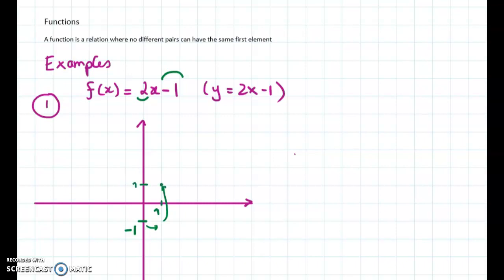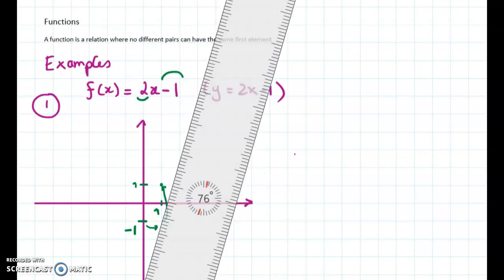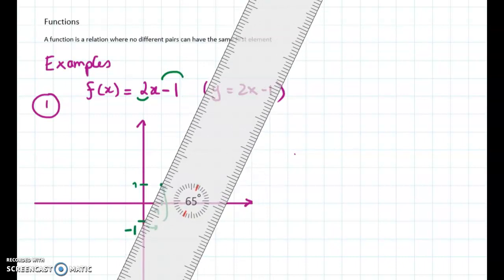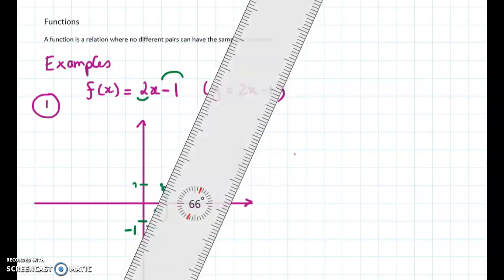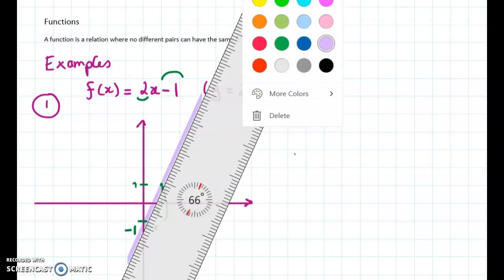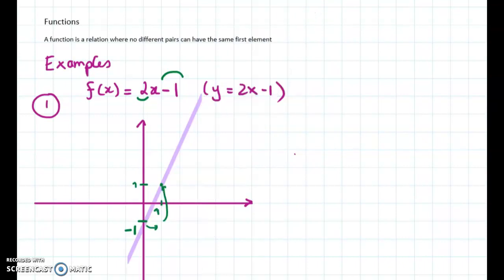So I need a ruler over here. I'm going to draw the line. Okay, it's not perfect, but this is my line y equals 2x minus 1.